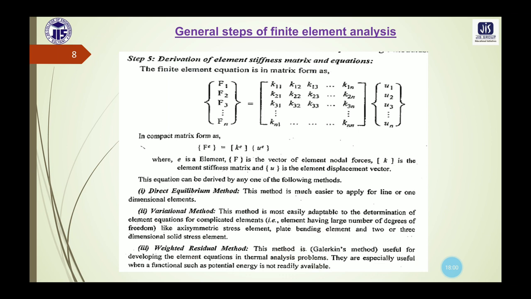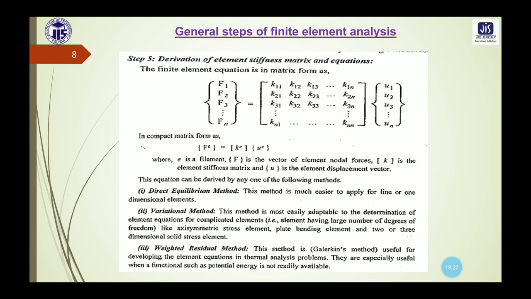The compact form is Fe = Ke·ue, where e is for the element. F is the vector of element nodal forces, the forces that will be given in the numerical, and some of the forces we need to calculate. Then K is the element stiffness matrix, and u is the element displacement vector.